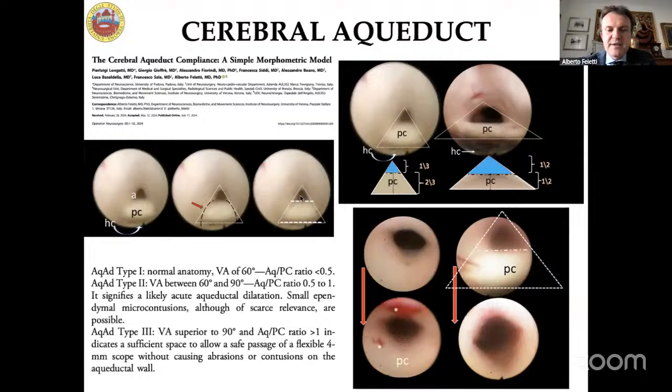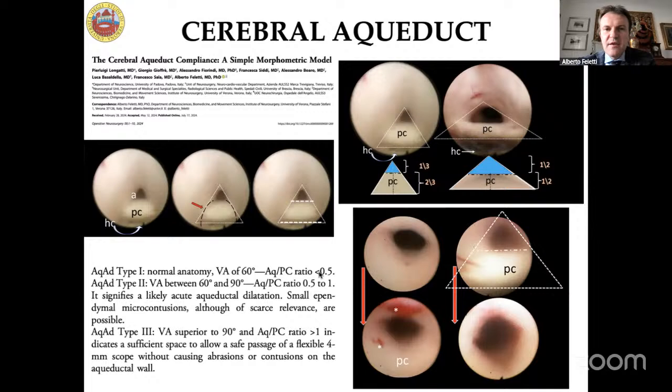And we notice that in the normal anatomy, the height of the first triangle is 1/3, and the height of this trapezoid is 2/3. But in cases of hydrocephalus, this ratio changes, enlarging widely the cerebral aqueduct. And this was also associated with the risk of having small contusions on the wall of the cerebral aqueduct.